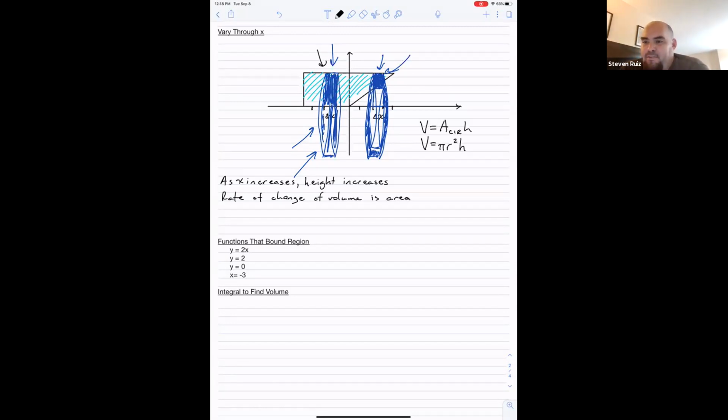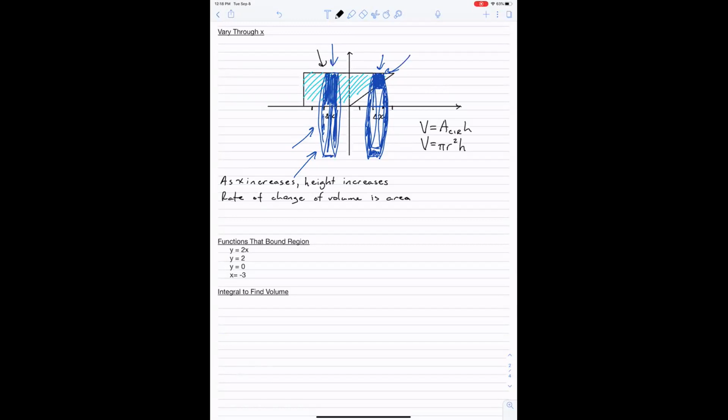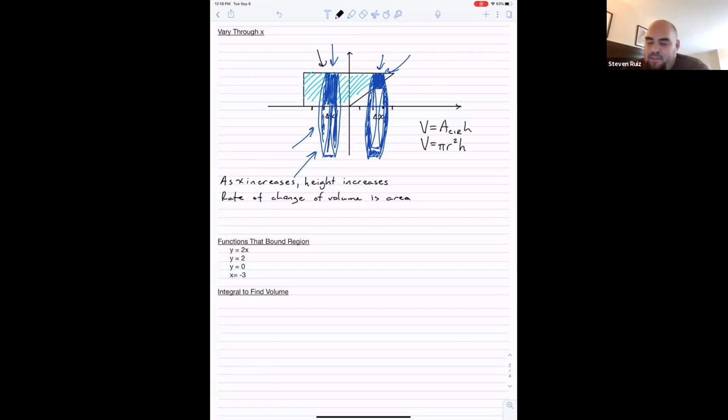What shape is that area being added in? As I'm moving to the right, what shape is the face of a cylinder where I'm adding all that area? A circle. It's a circle, right? So that means for us, the rate of change in the volume is going to be the area of a circle.